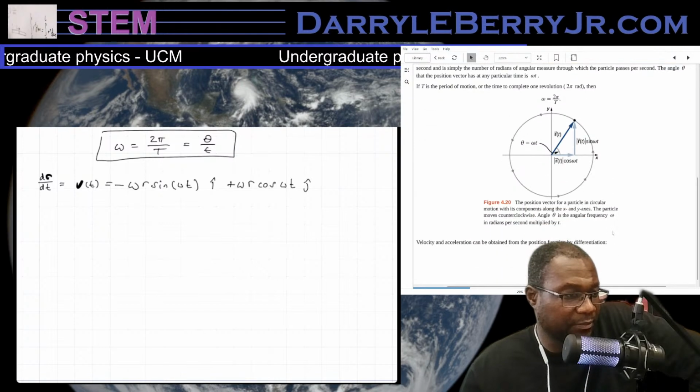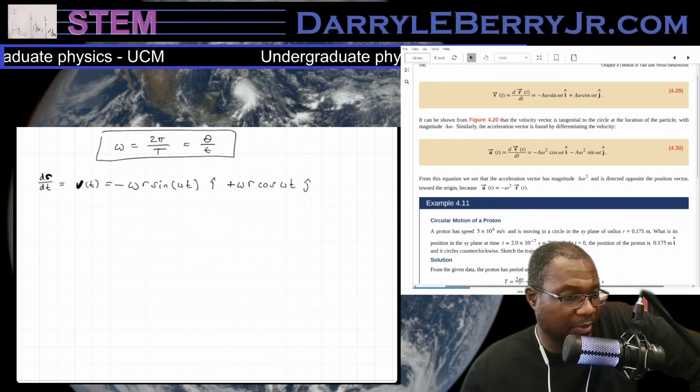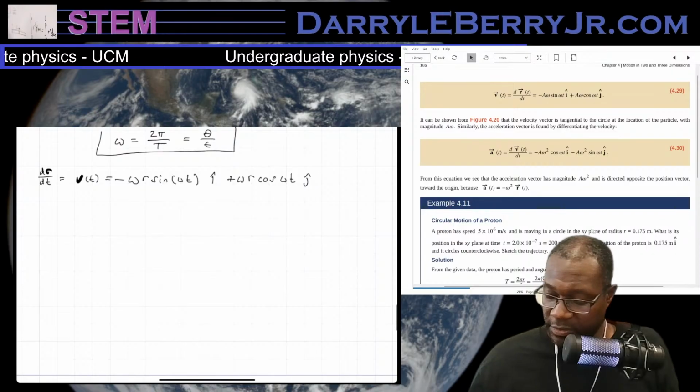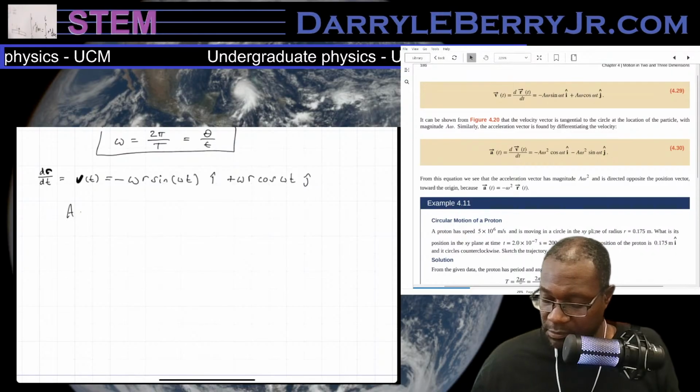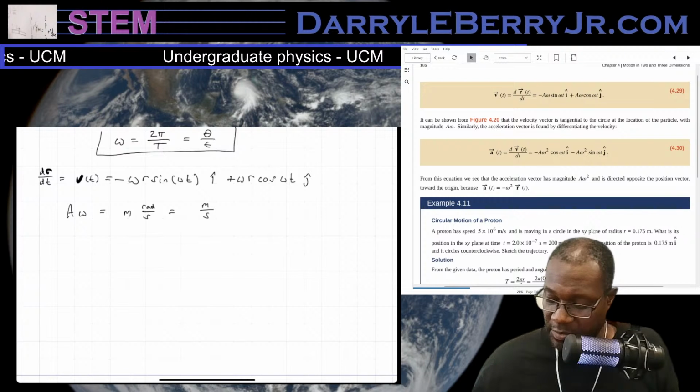I mean, it is a unit, but it's almost like a virtual unit, thinking about the verbiage from our graduate class. So you have r times omega, so that equals meters times radians per second. So that equals meters per second.